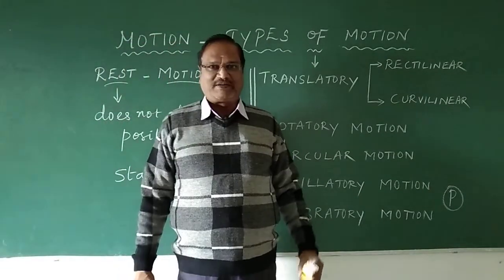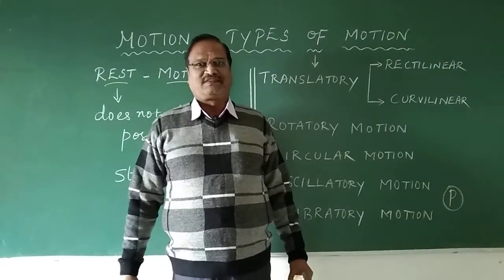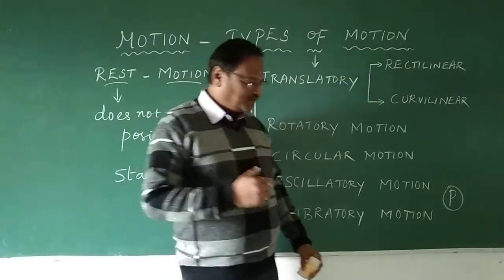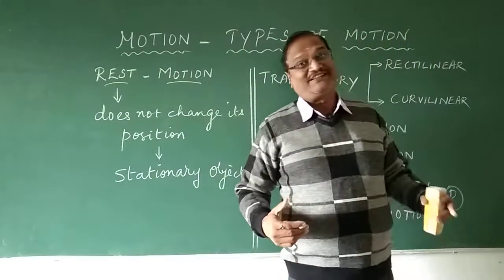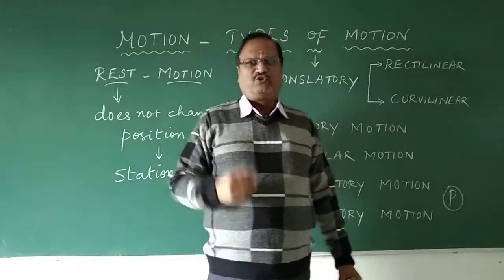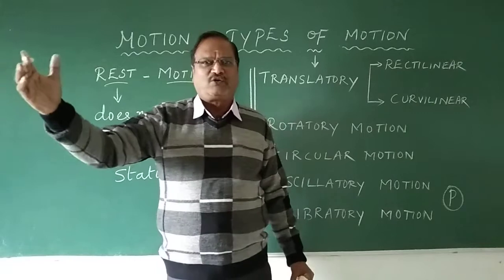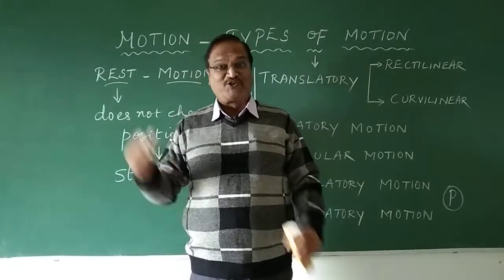If I say I am at rest, I am not changing my position. Suppose I change my position, I move from one point to another point, then I am in motion. For example, you might have seen a car going on the road. Is it at rest? No, it is moving.